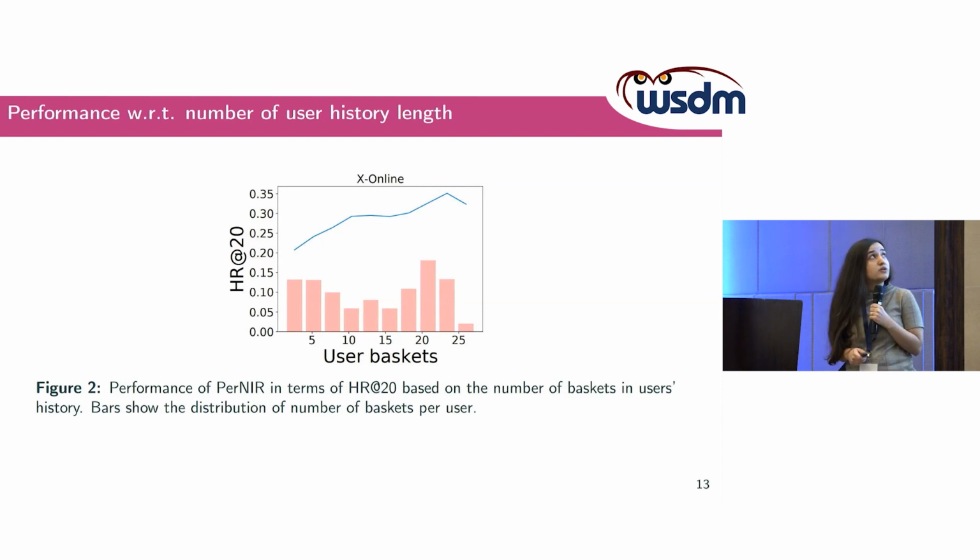Here again, the blue line shows the performance in terms of hit rate at 20, and the x-axis shows the number of baskets in a user history. We observed a positive correlation, so the more users interact with the system and add more data to it, the performance increases.